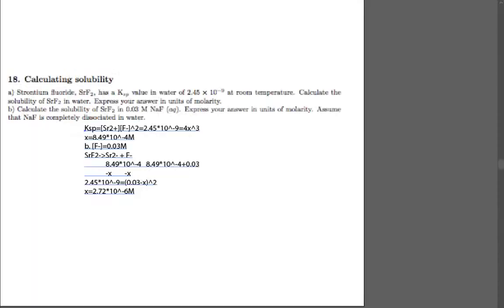I just made the new one here. Let's just remove that. Yep, there we go.